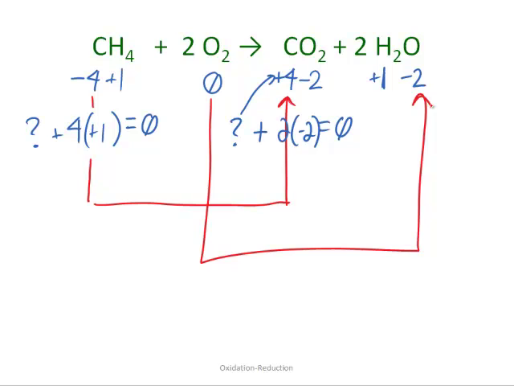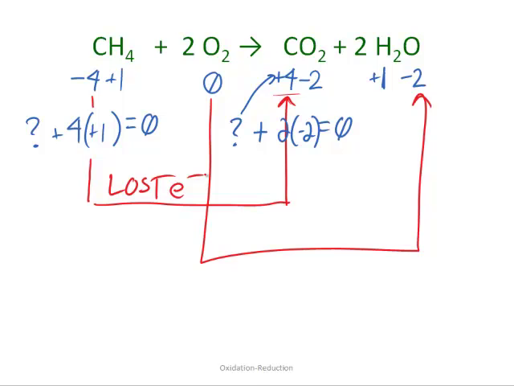A simple analogy is to think about -4: you have 4 more electrons associated with this atom than protons. With an oxidation state of +4, you have 4 more protons associated with this carbon atom than electrons. So we go from -4, 4 extra electrons, to +4, a net loss of 4 electrons. We've actually lost 8 electrons in this process, but overall we've definitely lost electrons.